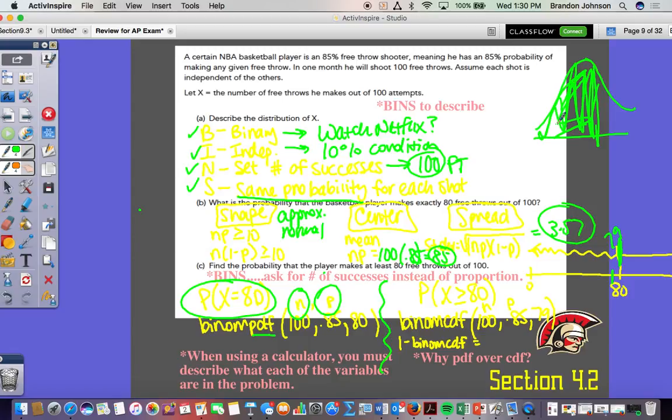So if I'm trying to find greater than, once I plug this in, I do 1 minus the binomial CDF. And when I do that, I end up getting a value. I actually didn't even write down the value, but once you would do that, you would get the specific value for that one there.